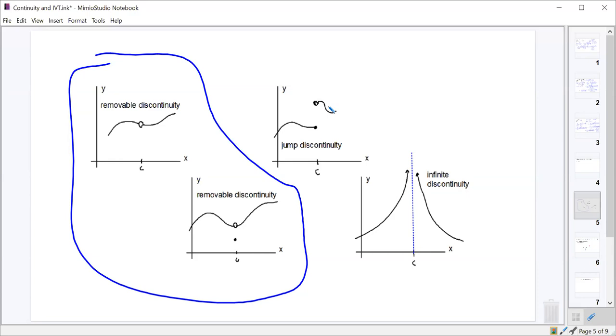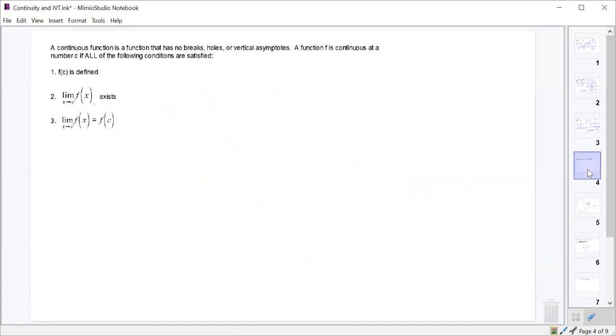So I want to quickly think about our criteria for continuity in each of these cases. The first removable discontinuity, where we just have the hole, does it meet the first criteria? Is f of c defined?